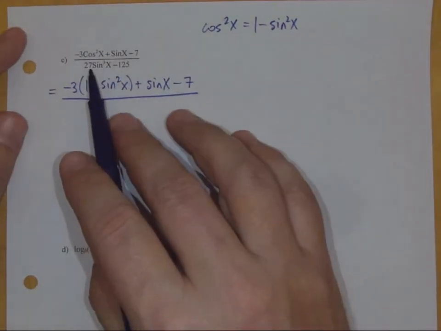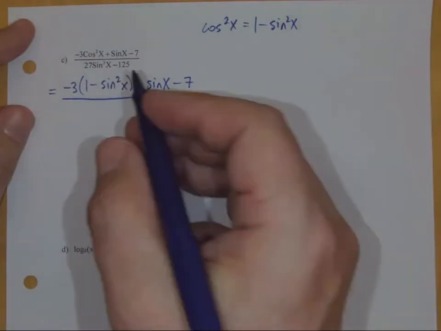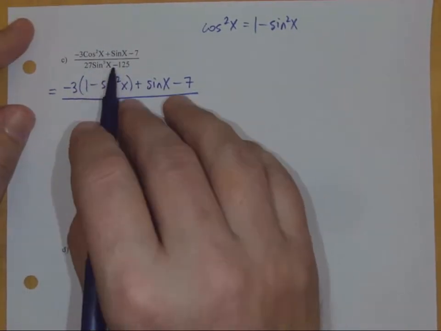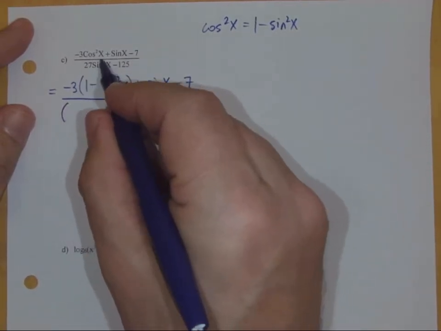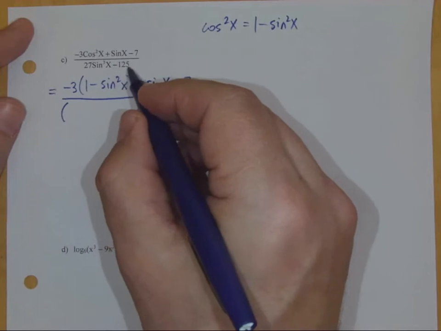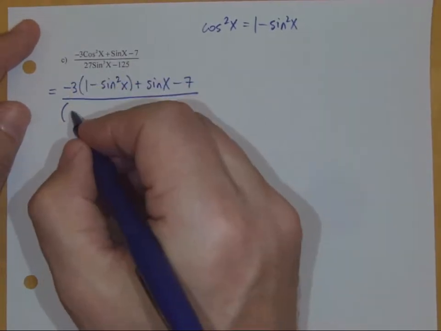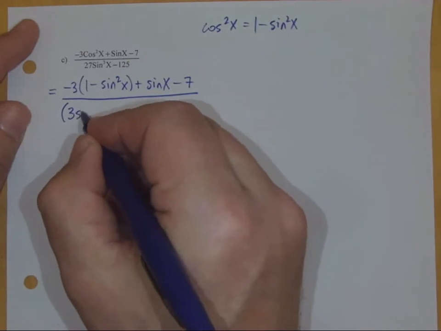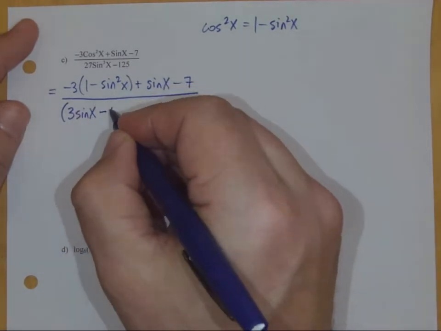Since I know that this is a difference of cubes, I'm going to factor it that way right now. So I know that when it's a difference, the first term will be a, which is the cube root of this term, minus b, which is the cube root of that term. And that is 3 sine x minus 5.